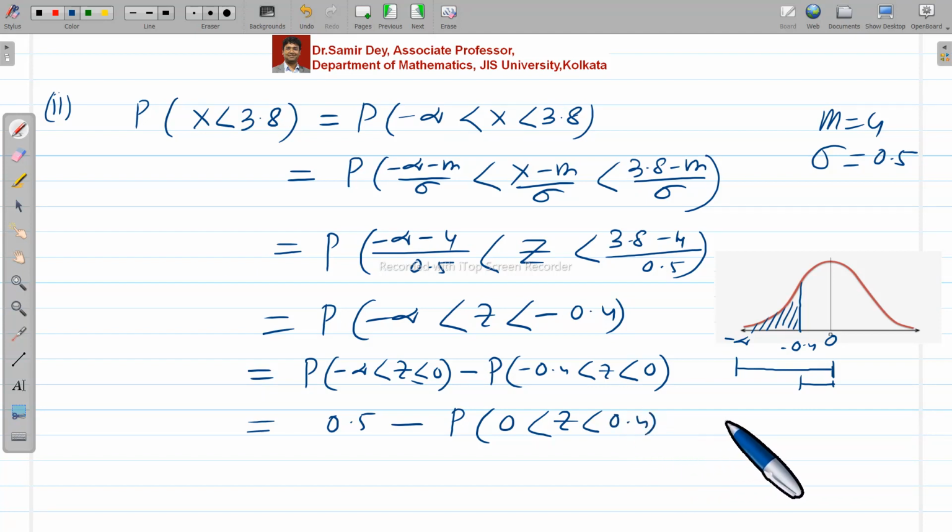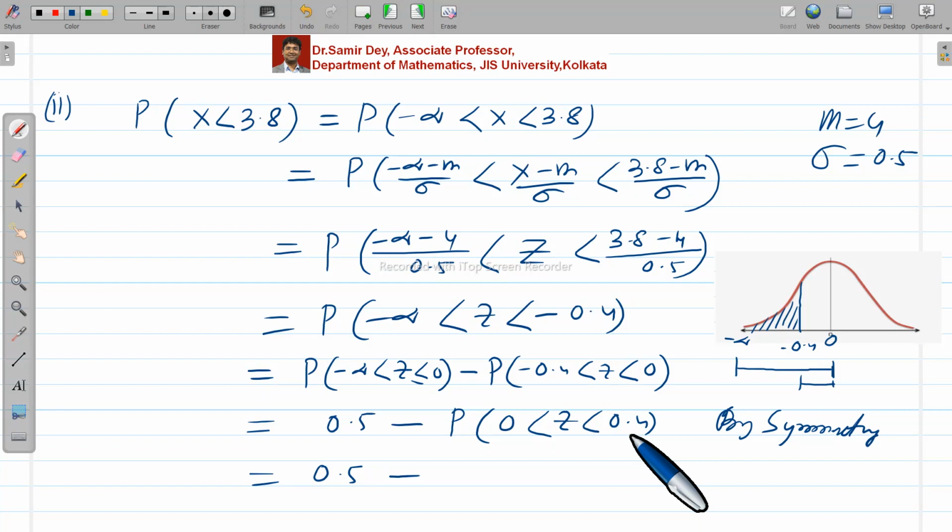How you can write this? It is by symmetry from the last example. So already you know how to transform your positive to negative part by symmetry. Now anyone please tell me the value. This is your 0.5 minus what is the value of 0 to 0.4?